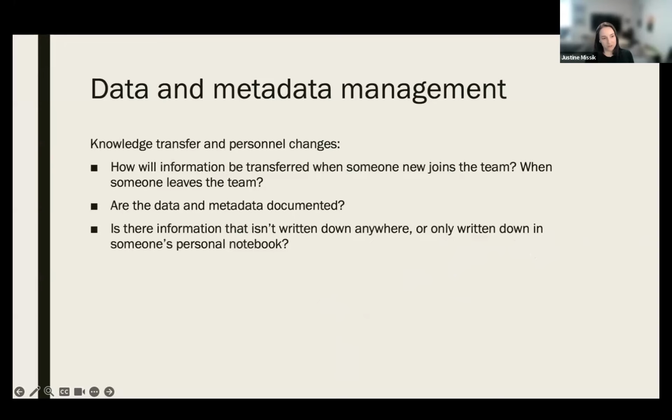A reason I'm spending so much time talking about this is that a lot of issues that come up when you're going to publish data are related to information being lost or confused in some way.